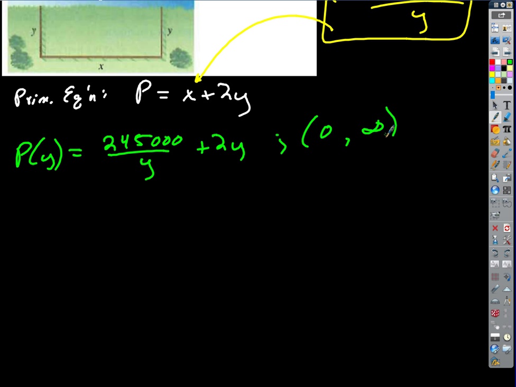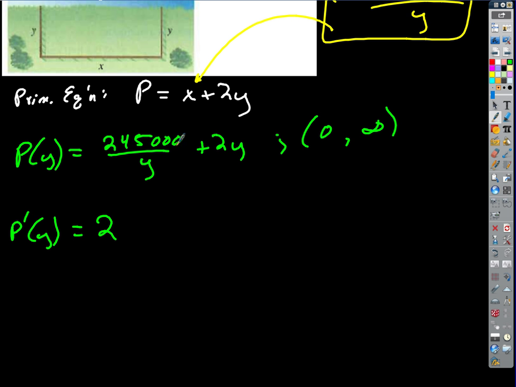So first derivative. Derivative of 2y with respect to y is what? 2. So we know we're going to get a 2. Now what about this term? How do we deal with the y on the bottom? Billy, how do we deal with the y on the bottom? -1, okay? So 245,000 y to the -1.